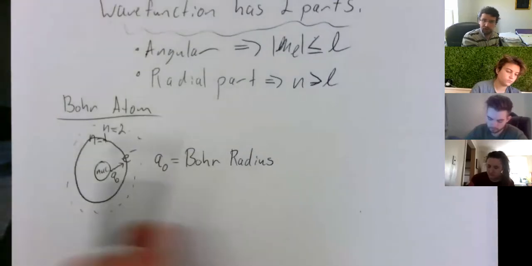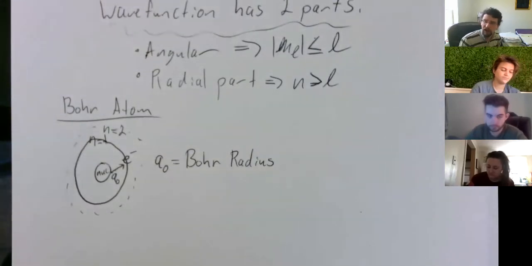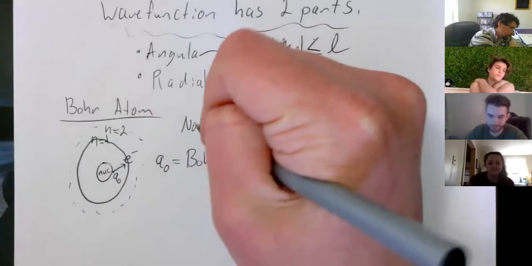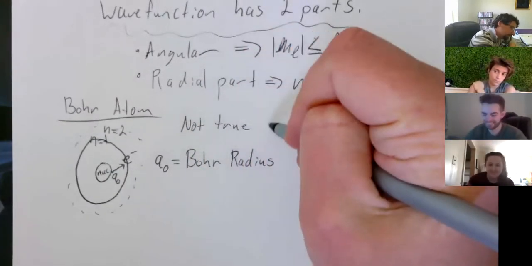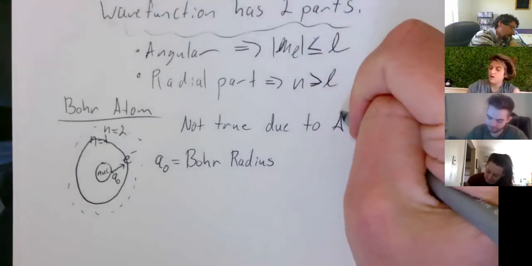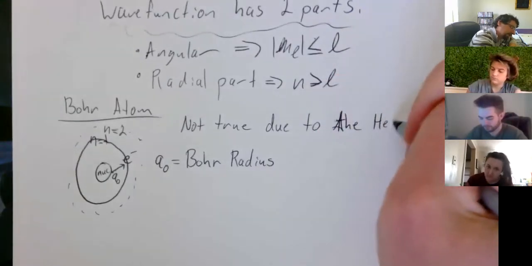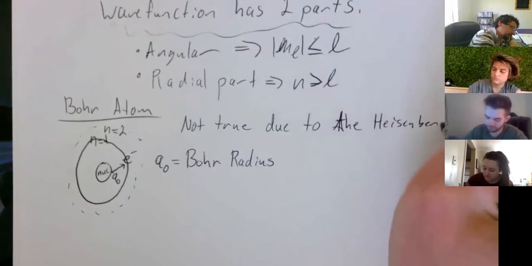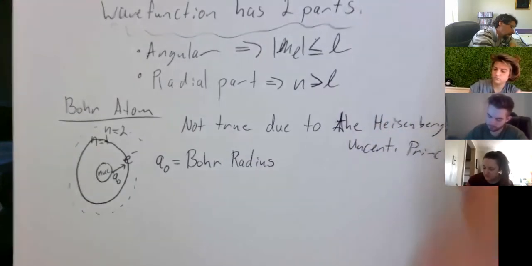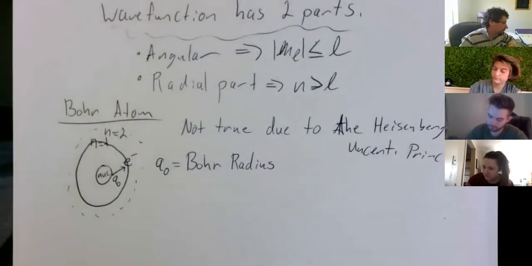This is the distance the electron is away from the nucleus, assuming they follow these discrete quantized orbits. But what's the problem with the Bohr atom? It assumes that the electron follows a constant radius. Right, and why can't that be true? The Heisenberg uncertainty principle. Yep. Because of that, it can't be true.